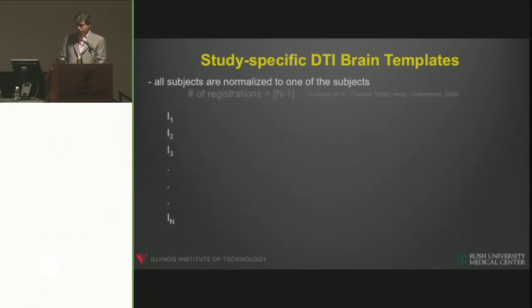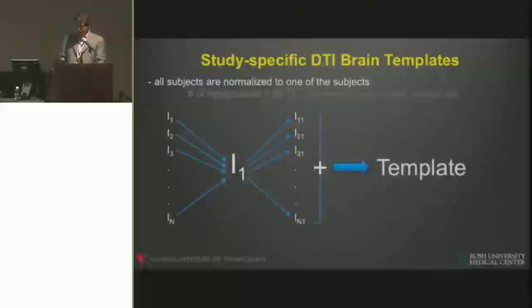So the first approach is to normalize all subjects, so I1, I2, I3, IN. We're going to normalize all subjects to one of the subjects that may be the most representative one. So let's say this one is I1. So we're going to perform all of these registrations. We're going to generate these new data sets I11, I21, I31, IN1 that are in the space of I1. And then we're going to combine them to make a template.